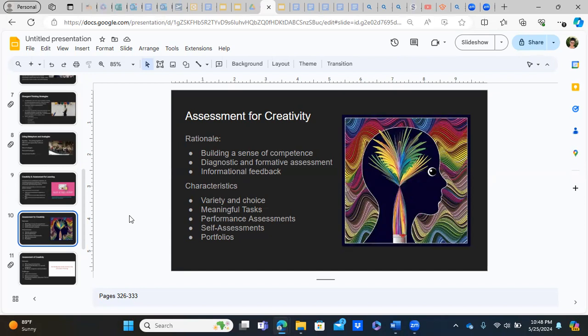Remember the CAST website that we talked about in a previous lesson, previous chapter? It's very important that we have a variety of ways for students to demonstrate their learning. And when possible, especially for gifted students, allow them to use choice.